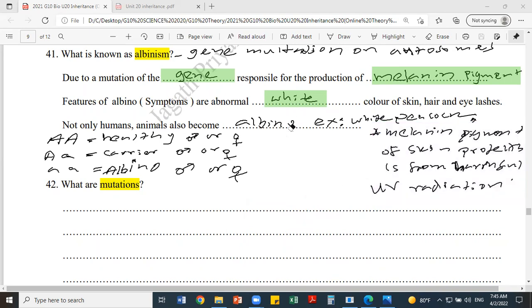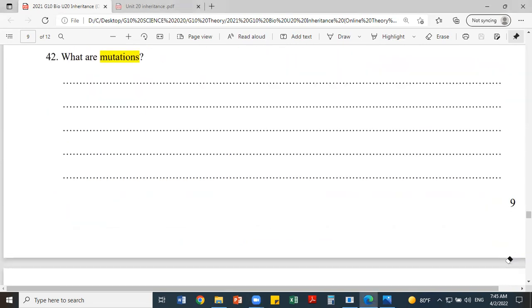Next one, mutations. Right? Mutations. Now in Sinhala we call it vikurti. Mutation can occur due to 2 reasons. There are many reasons for mutation. Okay, we'll write here. I'll finish this also, then this part is done.